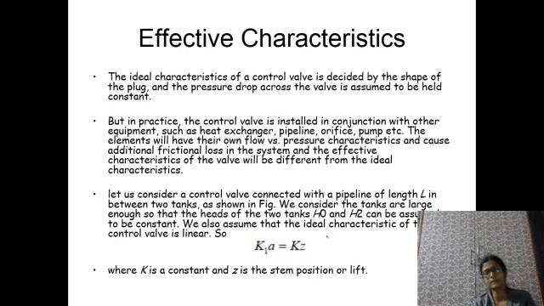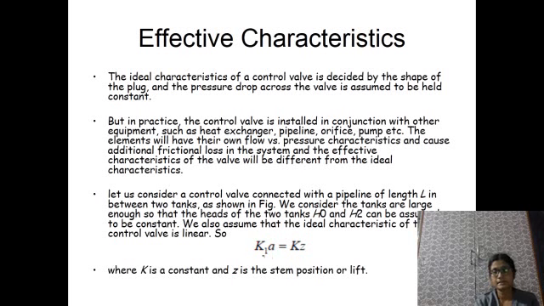Why are we considering the linear valve? Because the linear valve is the most required type of valve, because tight shut-off conditions can be achieved for low flow. So linear characteristics is always desirable. So the ideal characteristics of the valve is considered as linear.